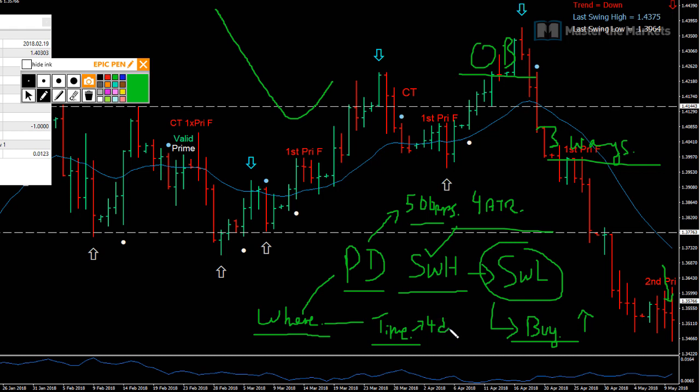So this could be some of the rules you put: price distance and time. Or if it's traveled less than 4 ATR but has gone more than 4 days, that's maybe something you can look into as a reversion as well.